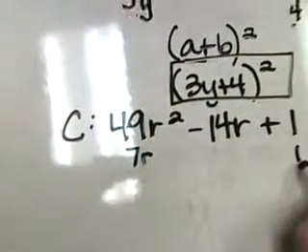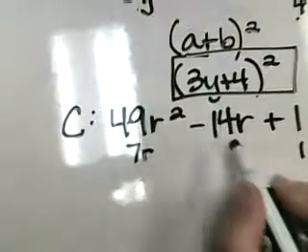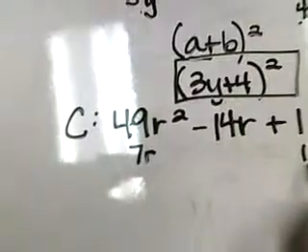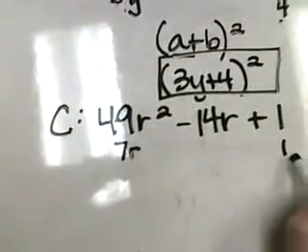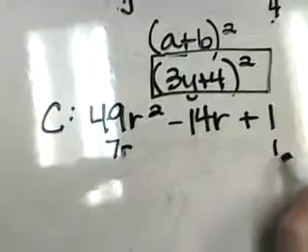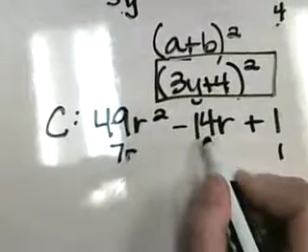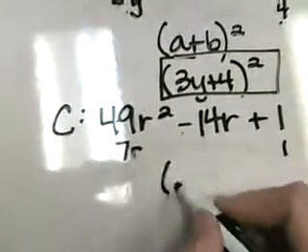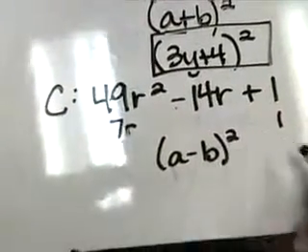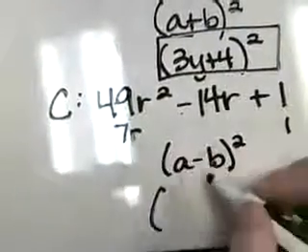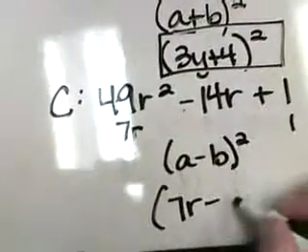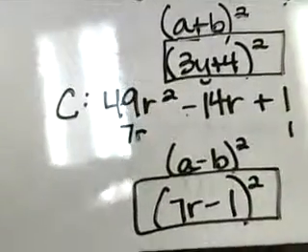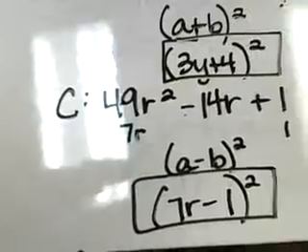Is their product times 2 your middle term? And you can ignore the sign. 7r times 1 is 7r. That's their product. Then it says we have to take it times 2. 7r times 2, yeah, that gives me 14r. Take a look at their signs. It's a minus plus, so that means we have to follow this pattern, which in our case would be 7r minus 1 quantity squared. That's also a perfect square trinomial. Okay?